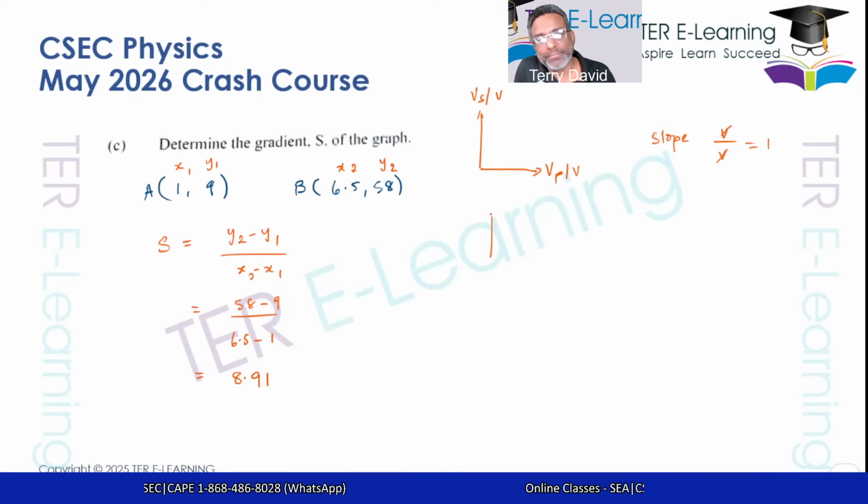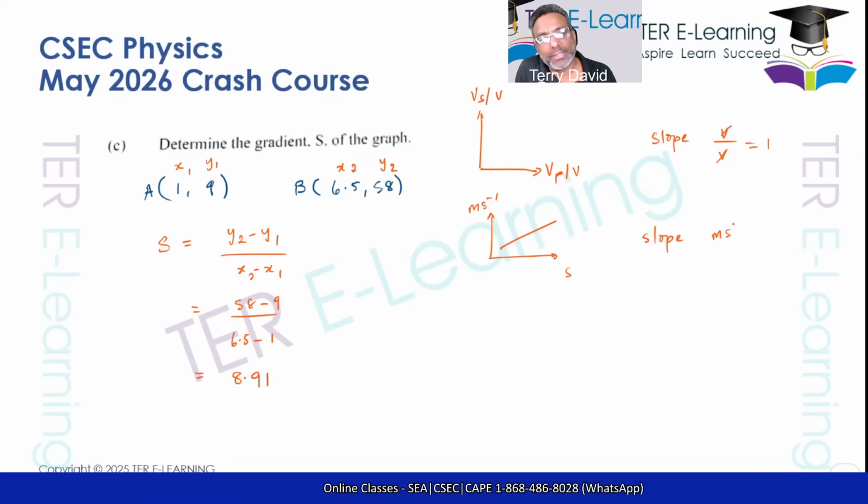If, however, I had plotted a graph with meters per second against seconds and a straight line, the unit for the slope would be m s to the minus 1 over s, which equals m s to the minus 2. So be aware that you do get a mark for putting a unit for the slope.